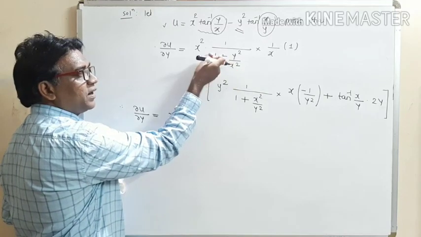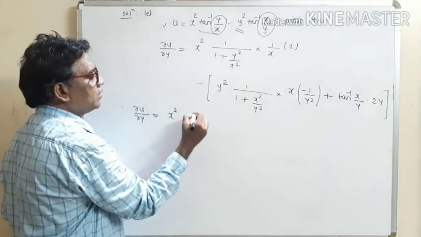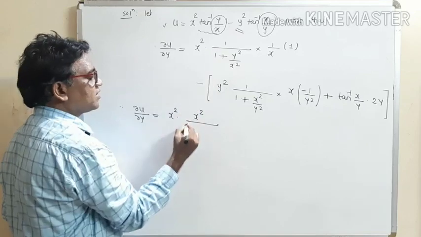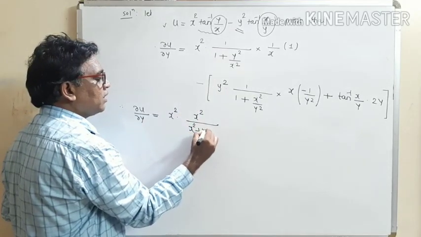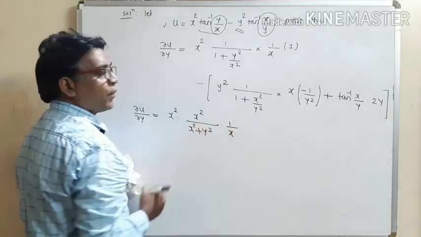So just cross multiply and transform this x square in numerator. So this is x square upon, just cross this x square, this is x square plus y square, into 1 upon x.